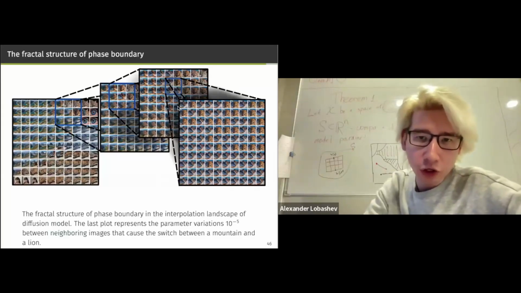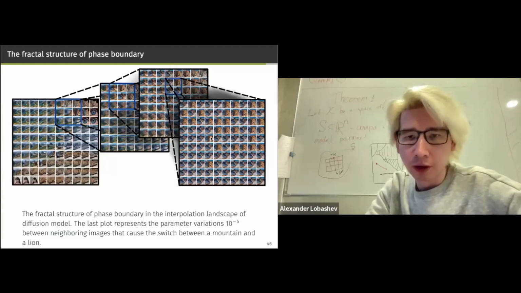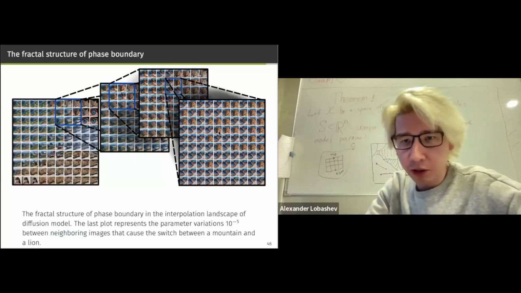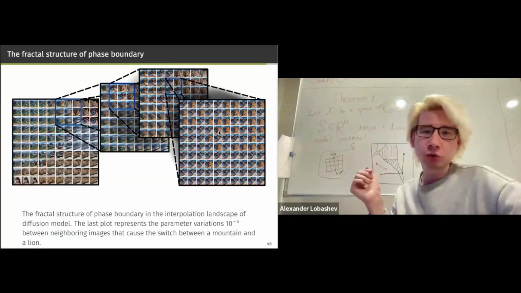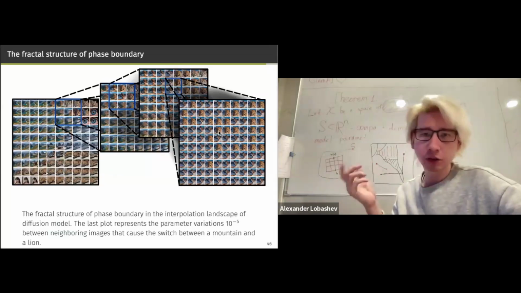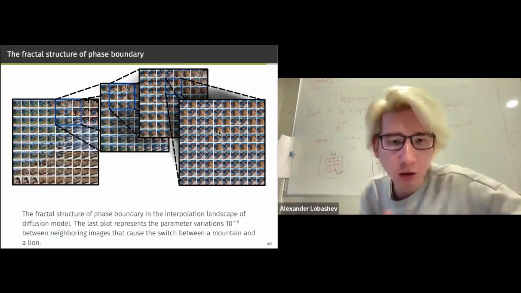So the region on this picture, which consists of switching between tiger and mountain, changes between nearby images, it is actually only one or two minimal changes in floating point precision.